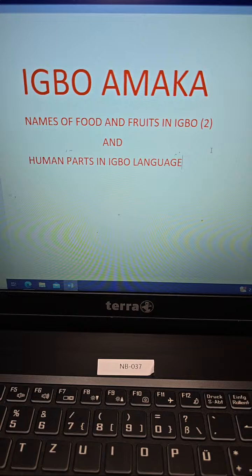So we are going to finish it up today and then face the main topic of today, which is the names of human parts in Igbo language.